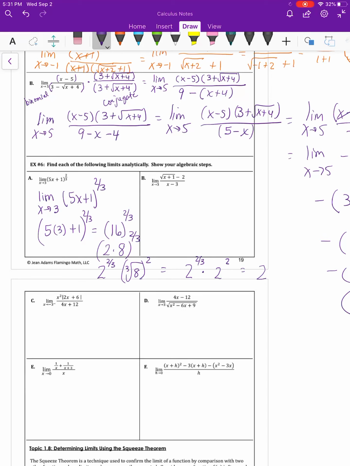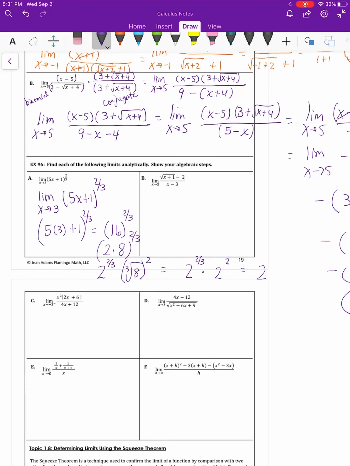I guess there's another way to write this. If you wanted to, right here, instead of going to 2 to the 8/3, because either way is going to be okay, you could have said 4 times the cube root of 2 squared.